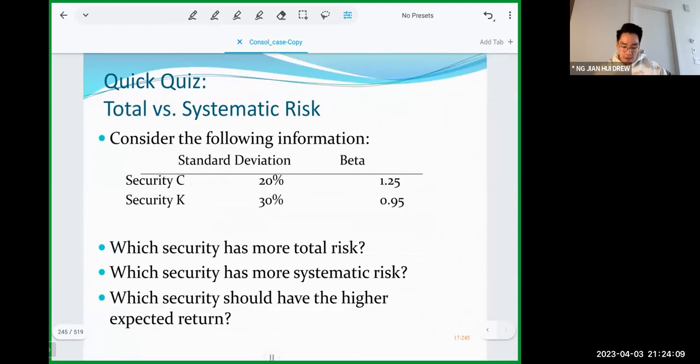All right. So the question here, we have two securities. We have the standard deviation and the beta. Now the question is, which security has more risk? Anyone can try to type the answer. Which one has more total risk? Security C or security K? Which one has more total risk?